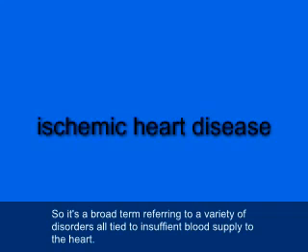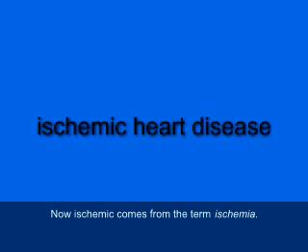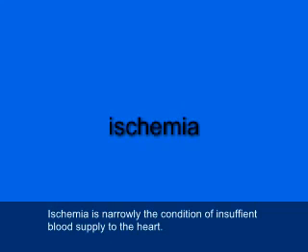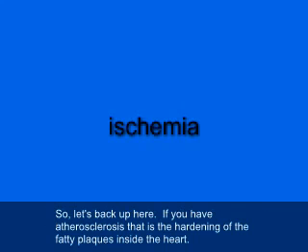So it's a broad term referring to a variety of disorders, all tied to insufficient blood supply to the heart. Now, ischemic comes from the term ischemia. Ischemia is narrowly the condition of insufficient blood supply to the heart.